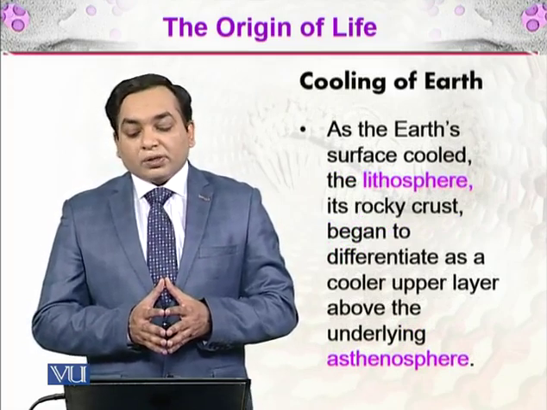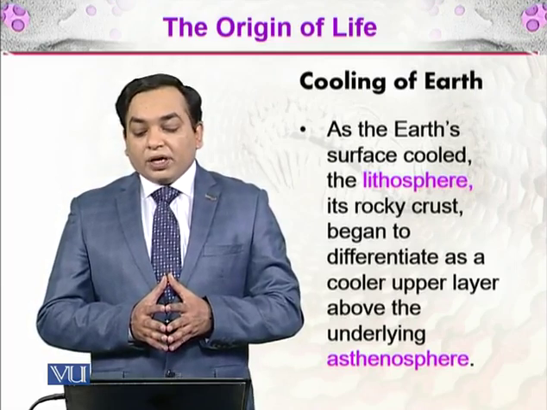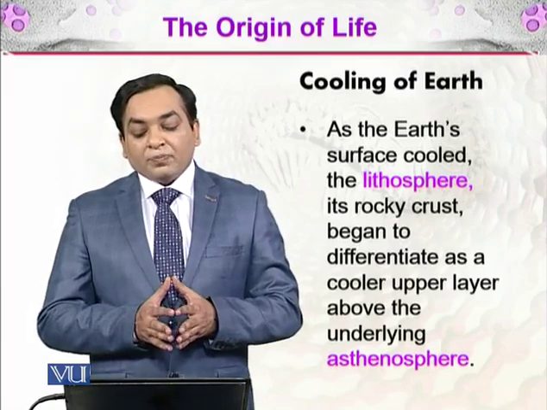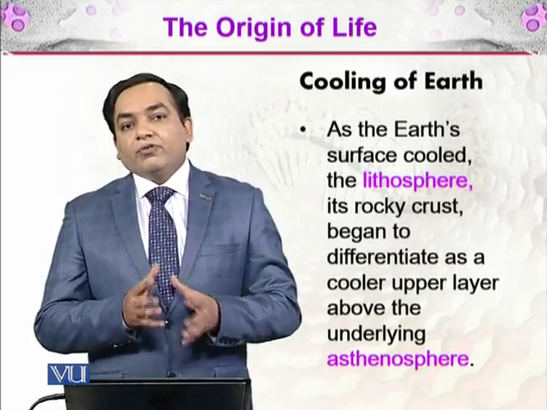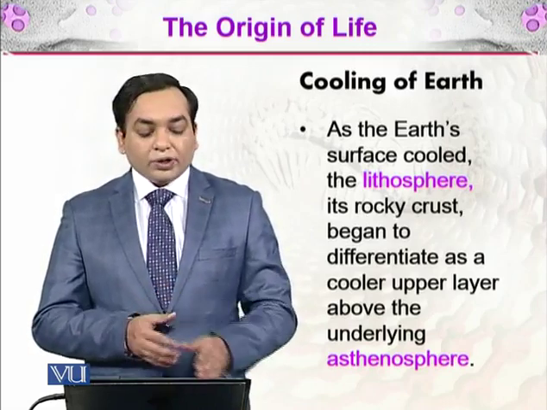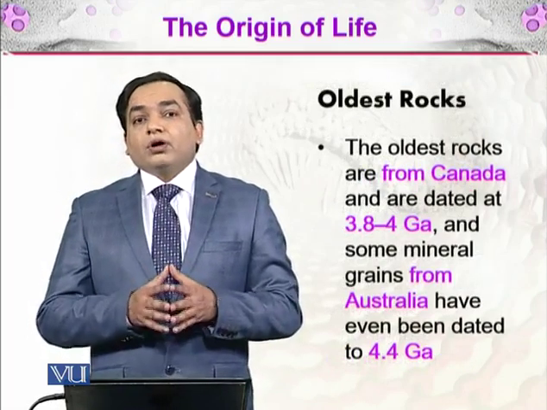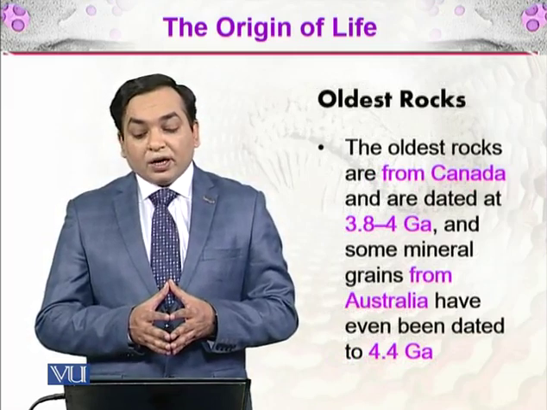So as the Earth's surface cooled, the lithosphere, its rocky crust, began to differentiate as a cooler upper layer above the underlying asthenosphere. The asthenosphere was still liquid magma, which is still present in the core of our Earth. After the cooling of Earth, the oldest rocks were formed, and the oldest rocks are from Canada.